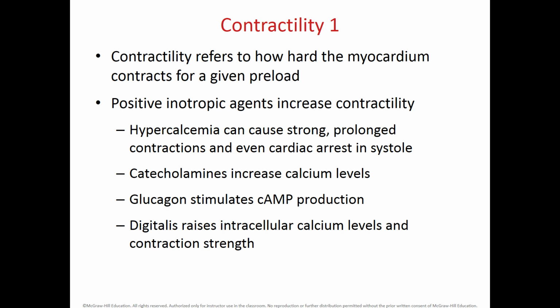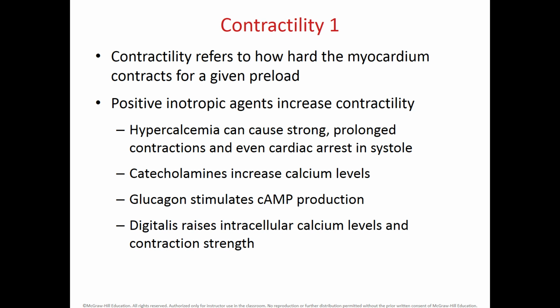Then contractility refers to how hard the myocardium will contract. You can have more contraction with positive inotropic agents like hypercalcemia, catecholamines like epinephrine, glucagon, and some drugs like digitalis that increase intracellular calcium.